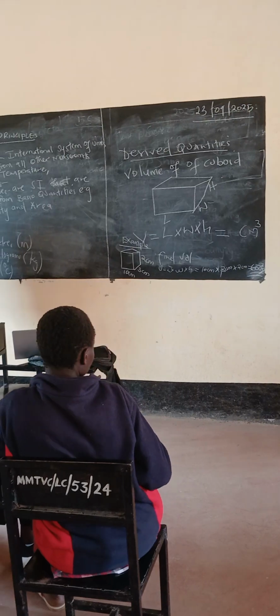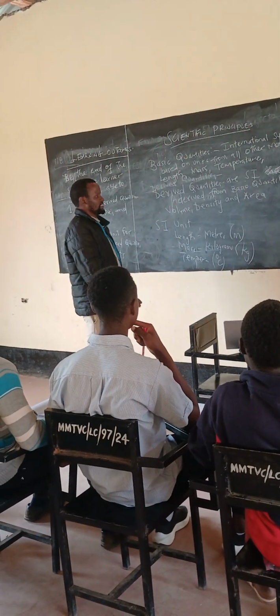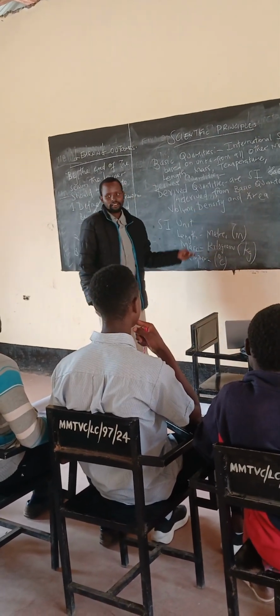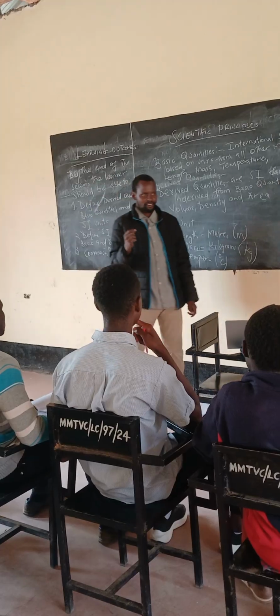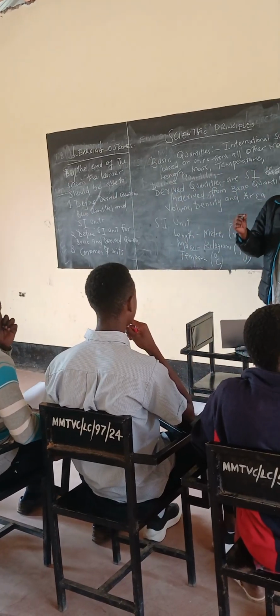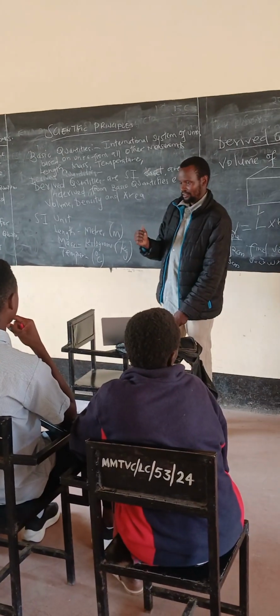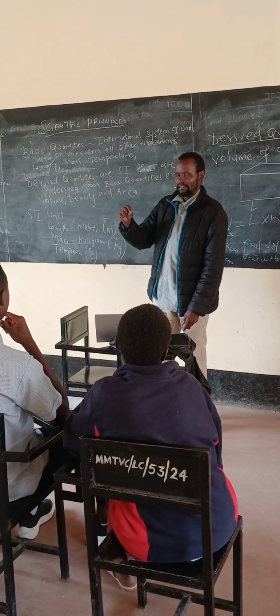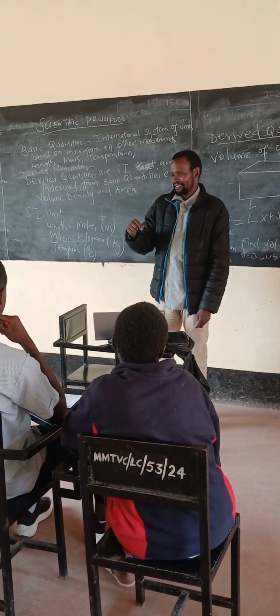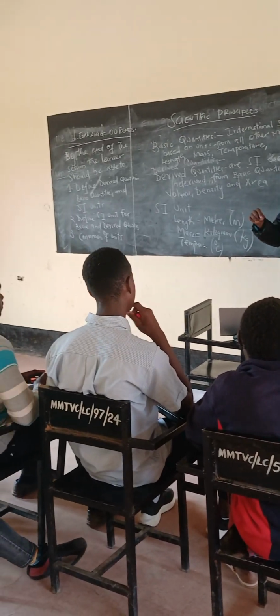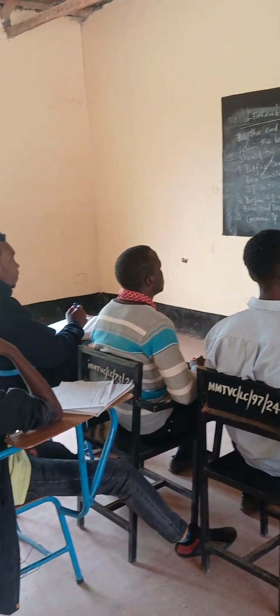Now, there is another derived quantity called density. Density is the thickness of a fluid. Like porridge, there is water, there is milk.